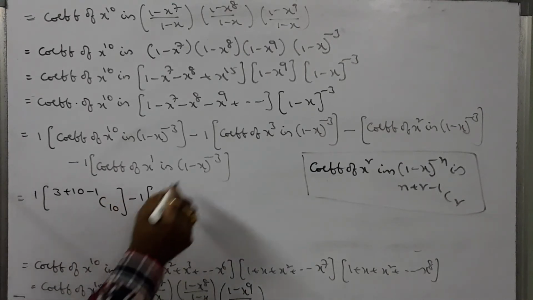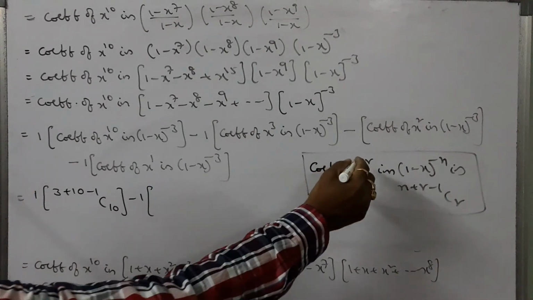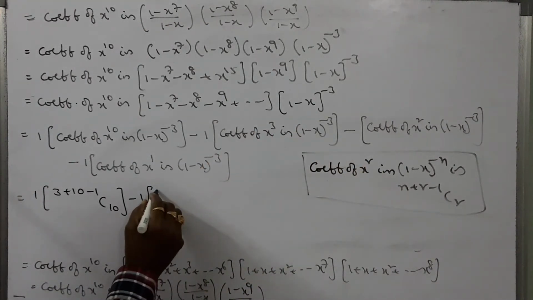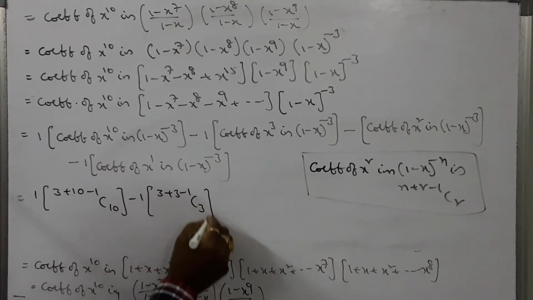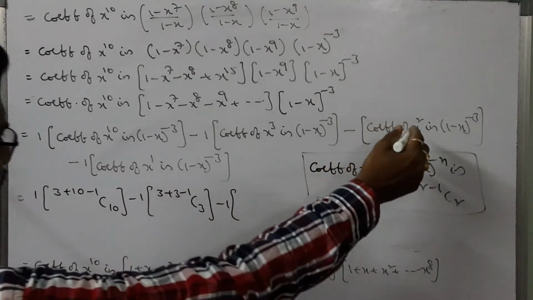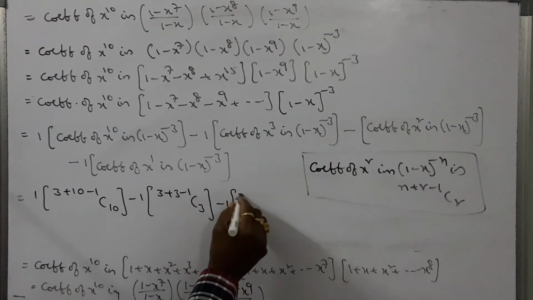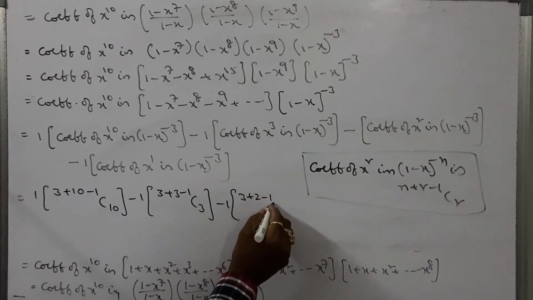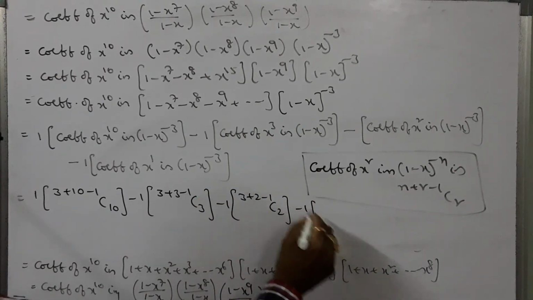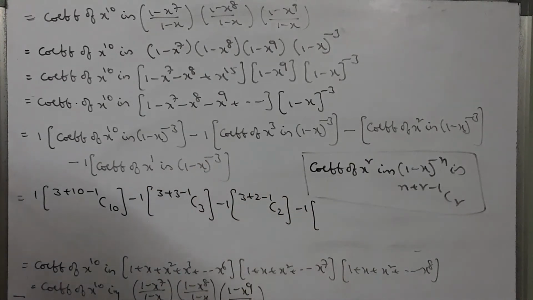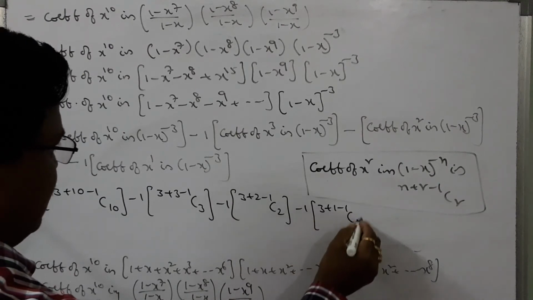Minus 1 into coefficient of x cube: in the place of r we have 3, so (3 plus 3 minus 1) C 3. Minus 1 into coefficient of x square: r is 2 and n is 3, so (3 plus 2 minus 1) C 2. Next minus 1 into, here n is 3, r is 1, that means (3 plus 1 minus 1) C 1.